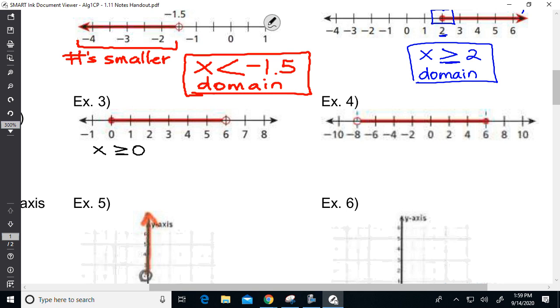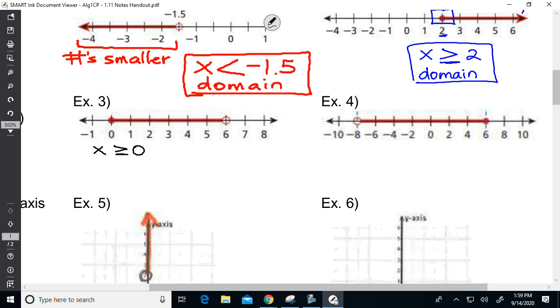What if I was starting at 6? If I'm starting at 6, which way does the shading go? To the left. If I'm going to the left, is that less than or greater than? That's less than.